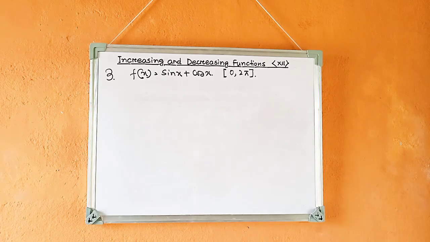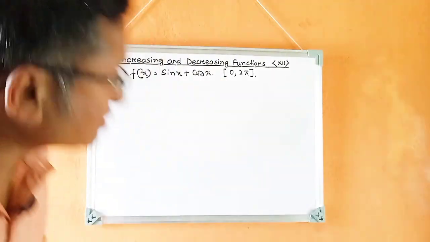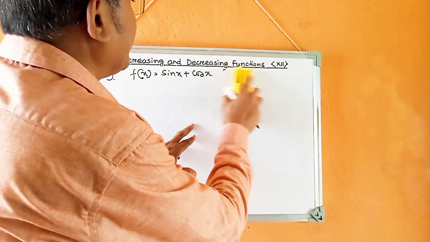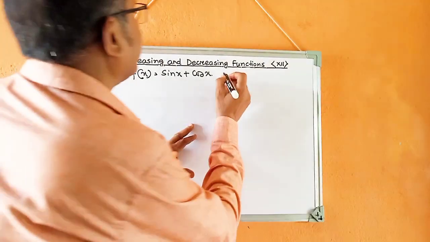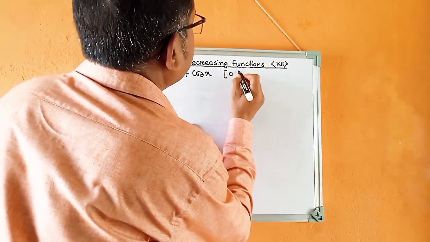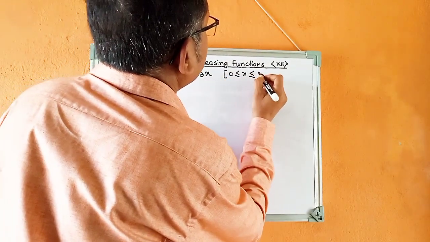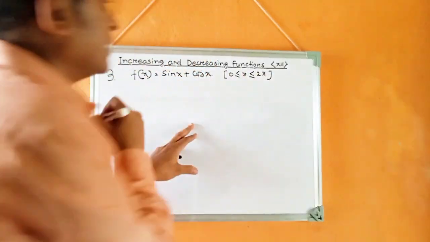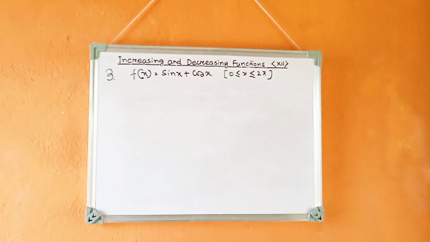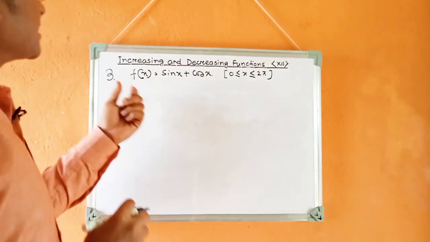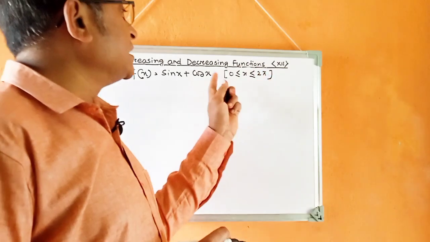Number 1 increasing function, number 2 decreasing function. I repeat the question. If a function f(x) equal to sin x plus cos x, find out the range of increasing and decreasing of f(x) equal to sin x plus cos x in between 0 to 2 pi.